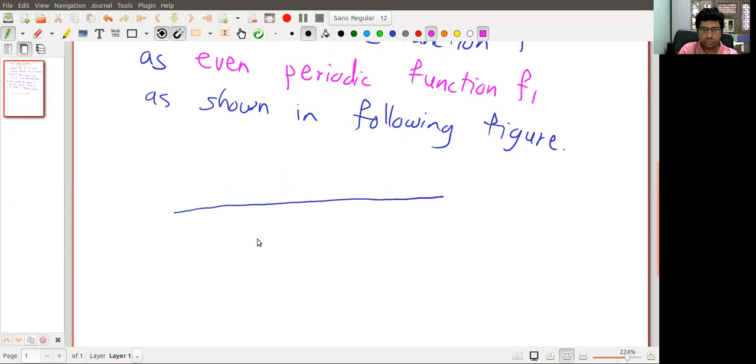Suppose this is our function f, and the domain is some interval. Without loss, we take domain as interval 0 L. It may be any other interval. And now let us see how we are expanding this as even periodic function.